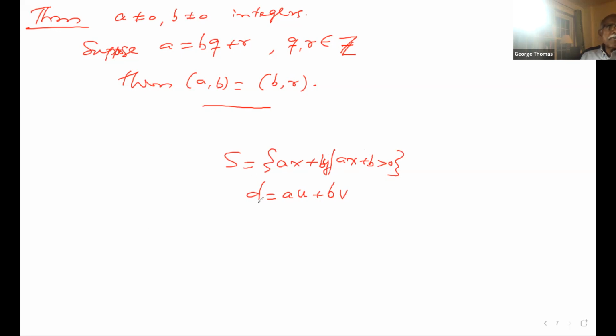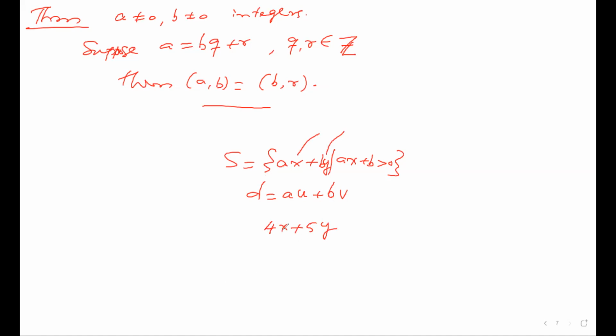Now, see, X and Y are variables. As you change them, for example, let us take 4x plus 5y.